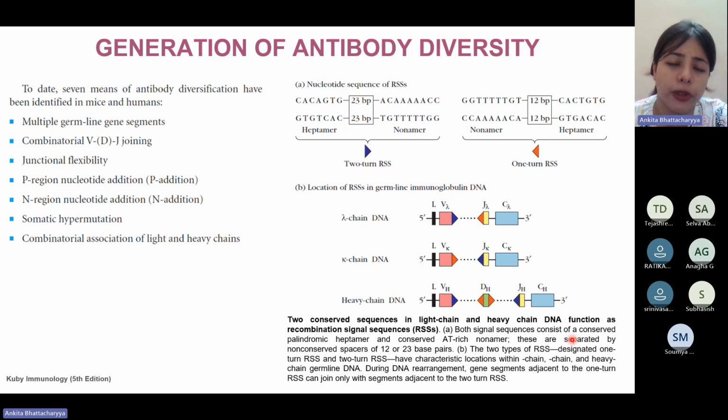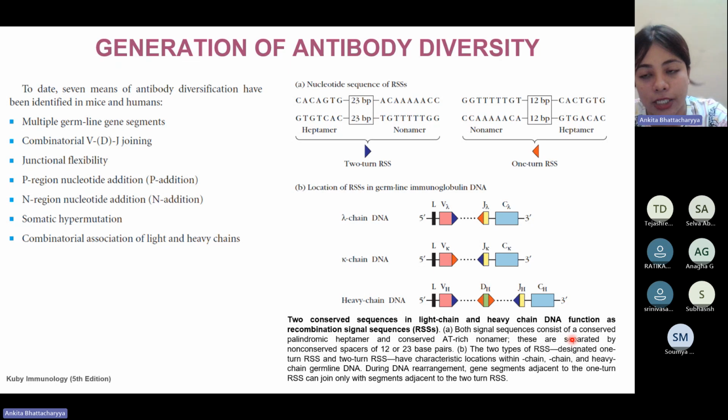If you look at the top, this shows the nucleotide sequence of RSS or recognition signal sequence, which already has been discussed by Professor Shrudeep in the, I think, third or fourth lecture for this week. So there you have 2 stretches, a nonamer and a heptamer, which actually gives rise to the signal sequence because it is interrupted by a stretch which contains either a 23 base pair fragment or a 12 base pair fragment.